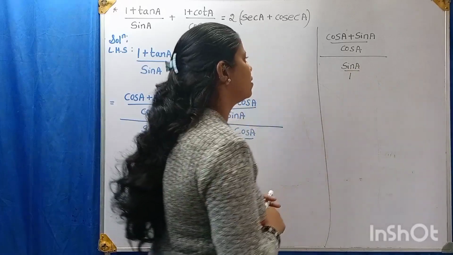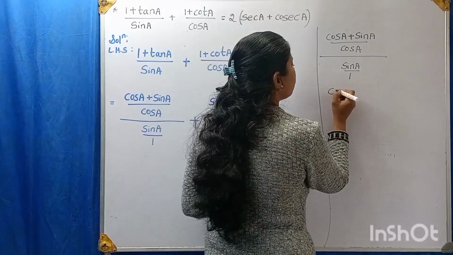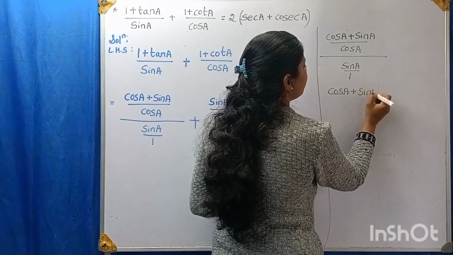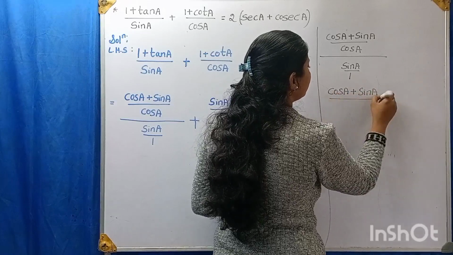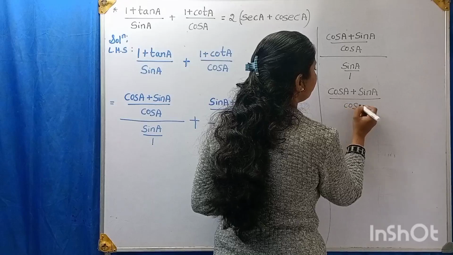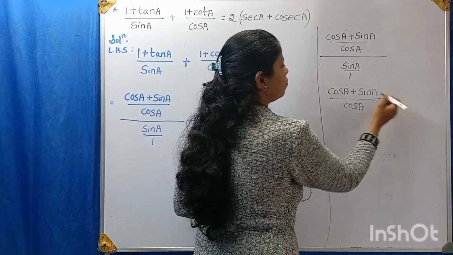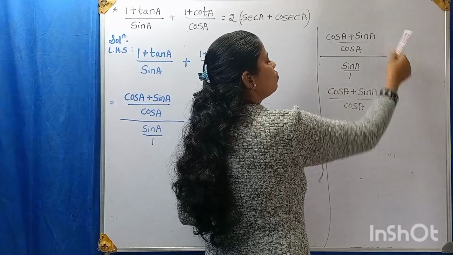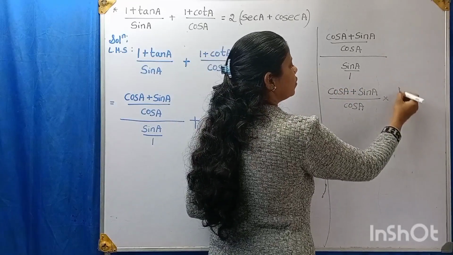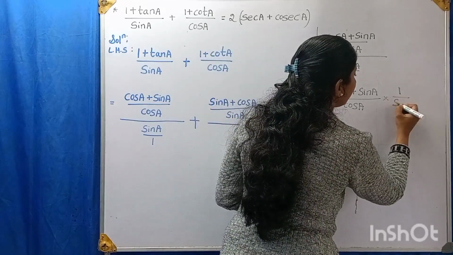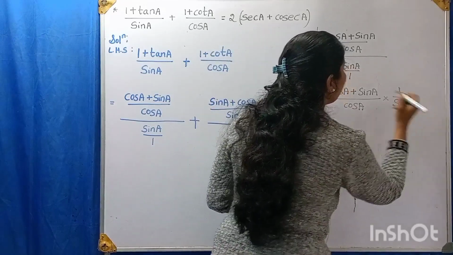It can be written as (cos A plus sin A) divided by cos A into this 1. It will go to the numerator, divided by sin A. Then what will it become?